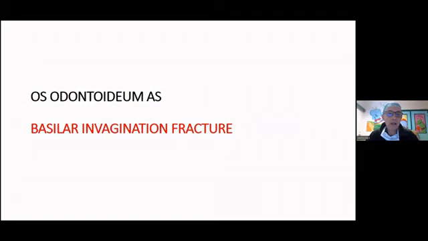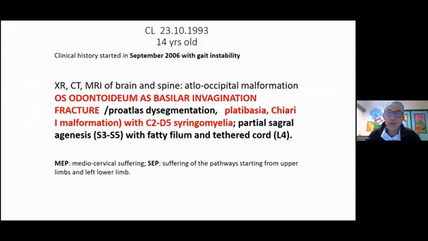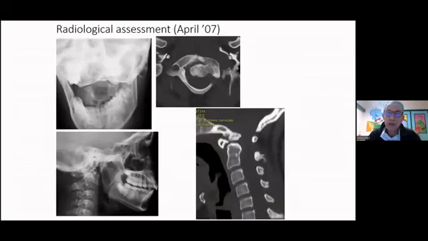with good clinical results. But sometimes we can deal with what we call os odontoideum, but it is something different from a simple os odontoideum. It is a basilar invagination with a tip fracture, and we have dealt with basilar invagination tip fracture associated with platybasia and Chiari 1 malformation and syringomyelia as well.